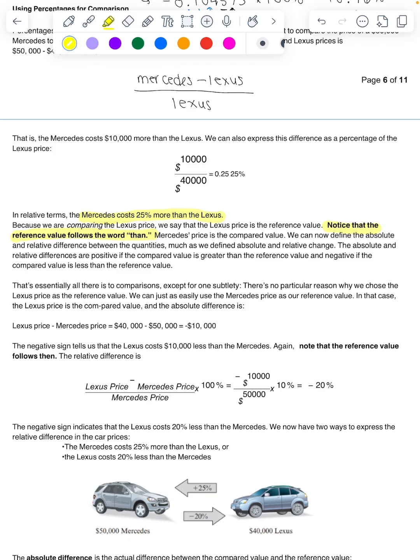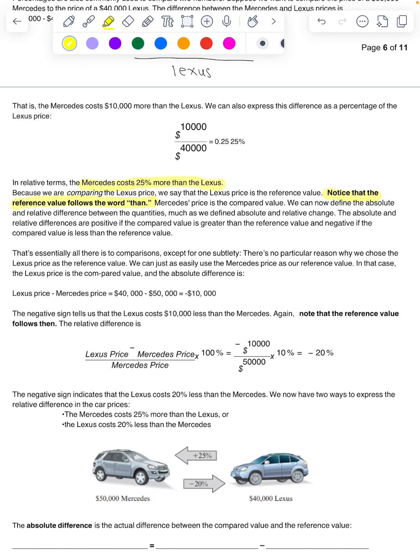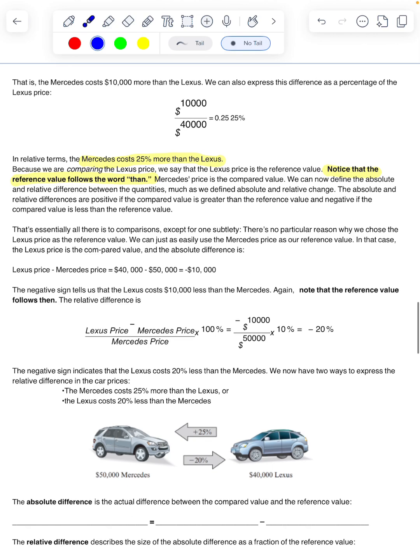We could have just as easily chosen the Mercedes as our reference value, in which case we would have gotten an absolute difference of negative $10,000 because the Lexus costs $10,000 less than the Mercedes. And the relative difference would have been negative 20% because the Lexus costs 20% less than the Mercedes.